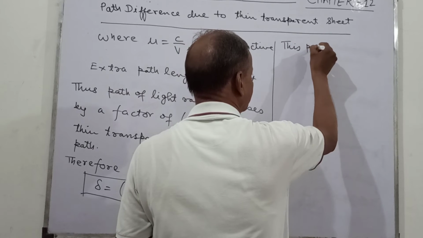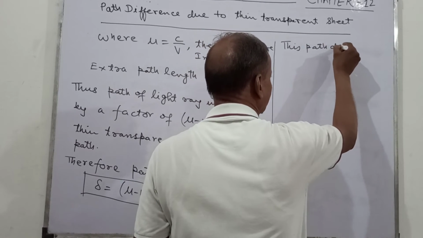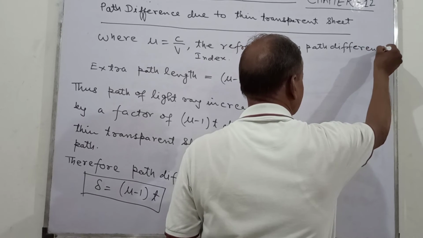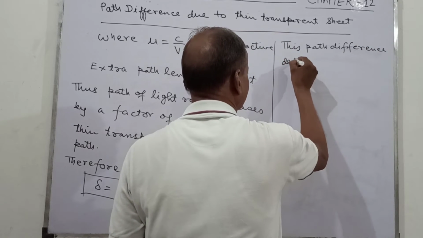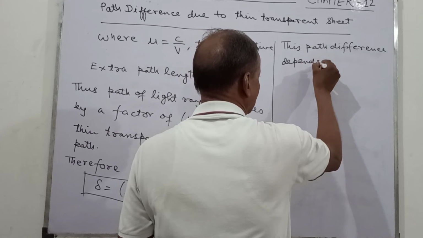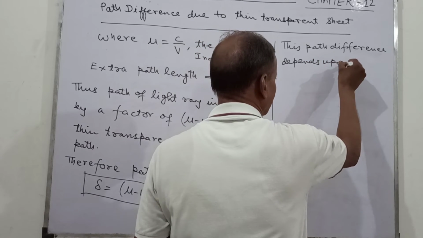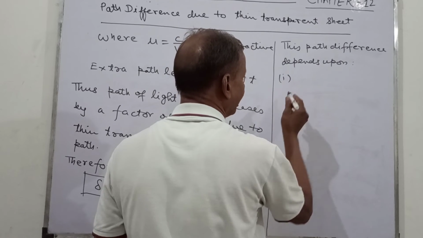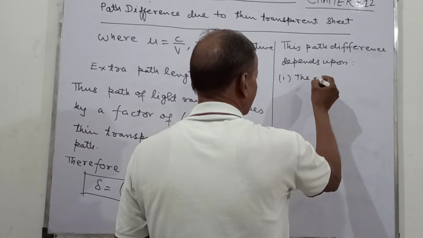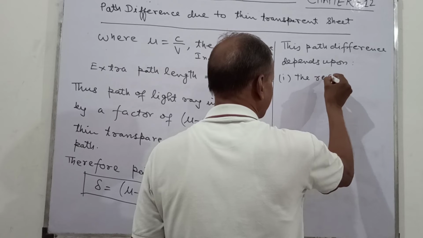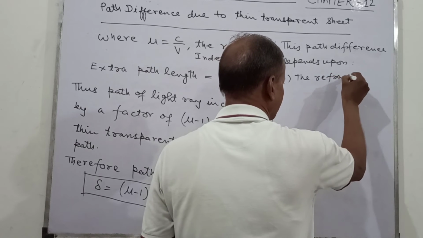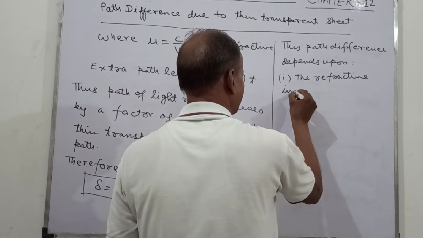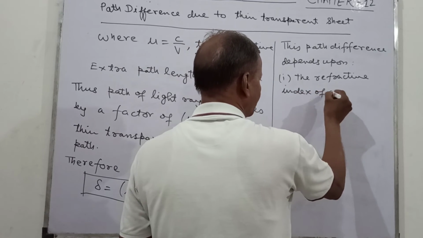This path difference depends upon, number 1, the refractive index of sheet.